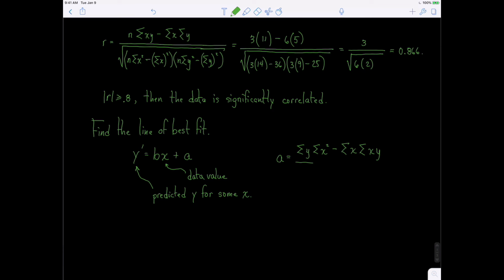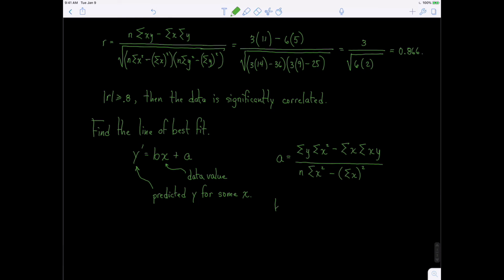Now, if you feel intimidated by that, that's normal, but we're going to work through it so you can see that we have actually done all the hard work above when we made our table. And then in the denominator, we're going to have n times the sum of the x's squared minus the sum of the x's, squared.